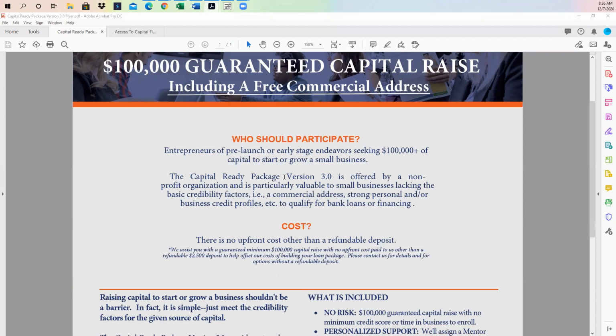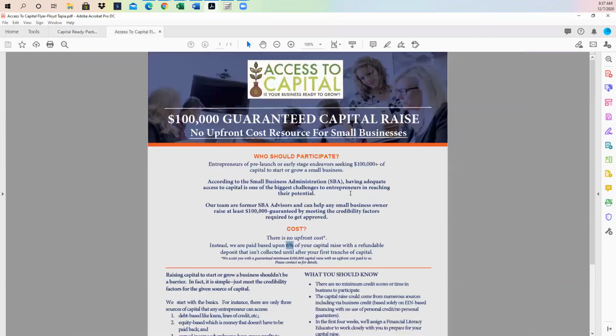Now your business has more access to capital because you're generating more cash flow. You got better bank ratings. Your financial statements look better. So it's very advantageous if you have sales skills to offer 3.0. But if you're not a very good salesperson, it's okay. Then just lead with the no upfront cost, and we'll go from there.